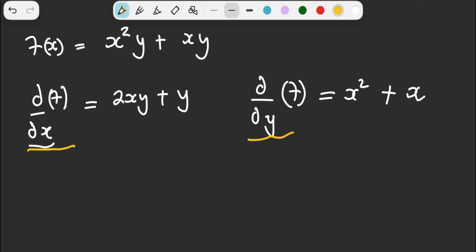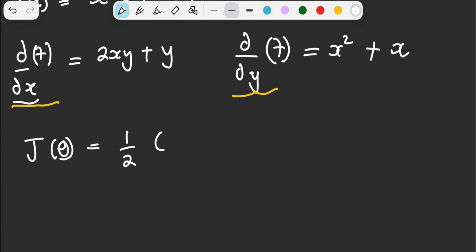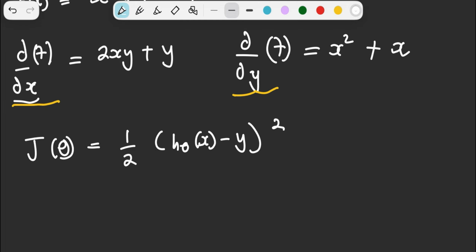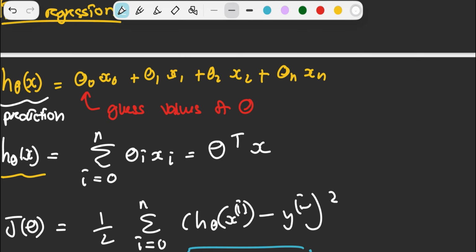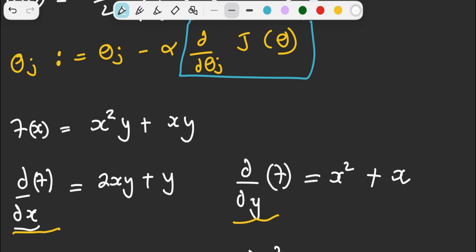So simplifying this, J of theta can just be 1/2. I've just removed the summation so that it's a bit simpler to understand. h theta of x minus y, just focusing on the first example, the first row as a training example, all of that squared. So h theta of x, if you think about it, is this specific thing: theta 0 x0, theta 1 x1.